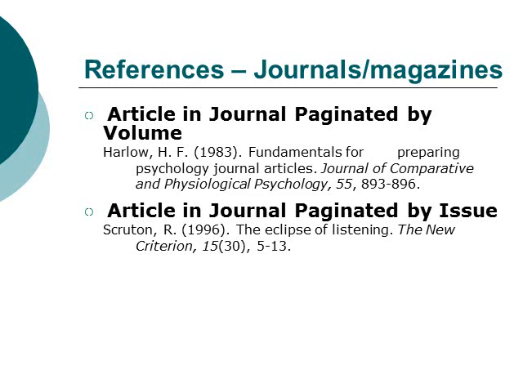Like the words preparing, psychology, journal, and articles are all lowercase. Every major word in the name of the journal itself is capitalized, right? So Comparative, Physiological, Psychology, those are all capitalized. So the name of the journal is italicized, and after that, you're going to put the volume in which that article appears, right?